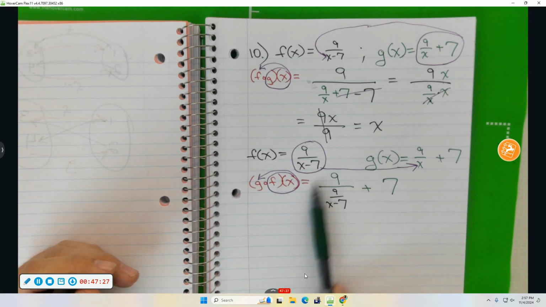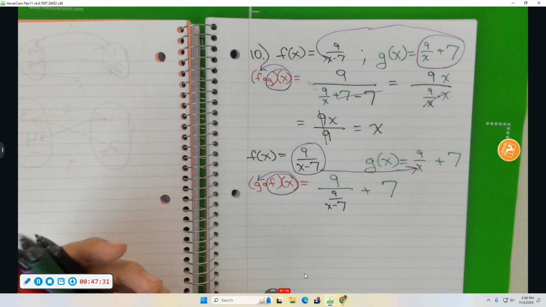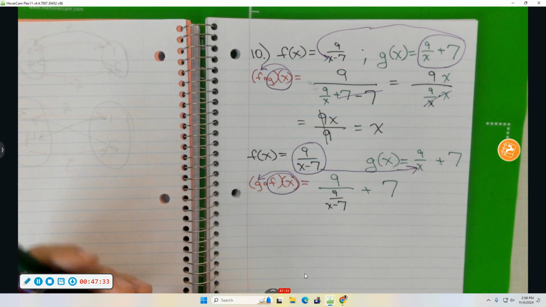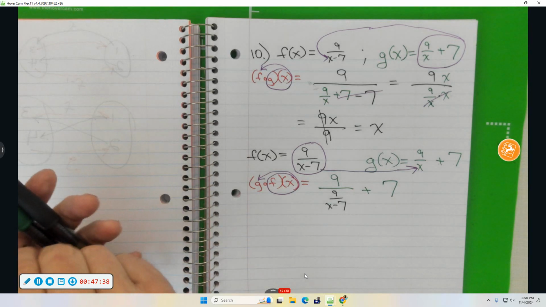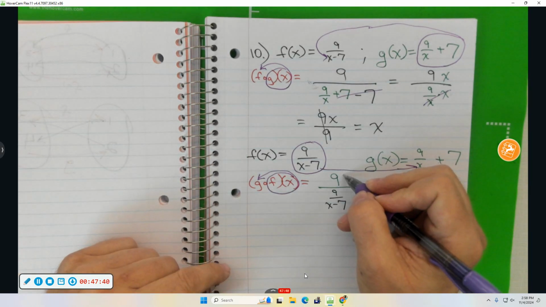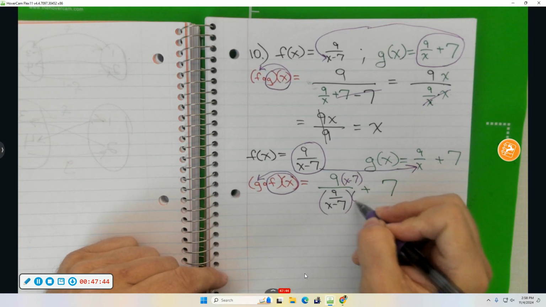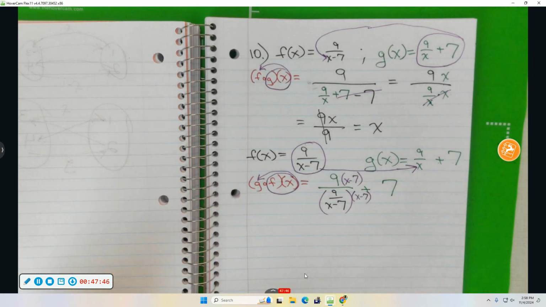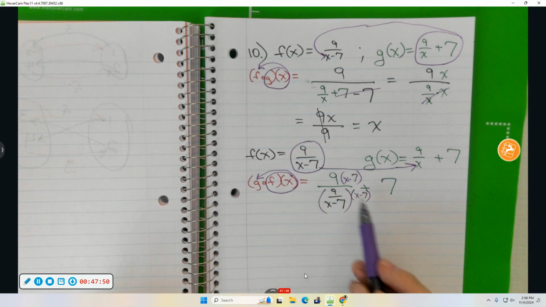Well, we have another compound fraction. What's the minor denominator in this case? x minus 7, let's multiply above and below by x minus 7. We'll multiply here by x minus 7. We'll multiply down here by x minus 7. What's about to happen down here in the denominator?